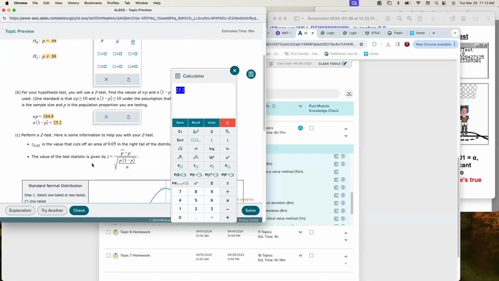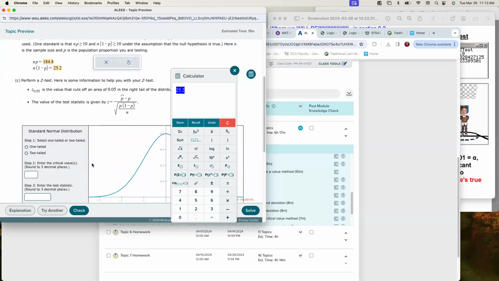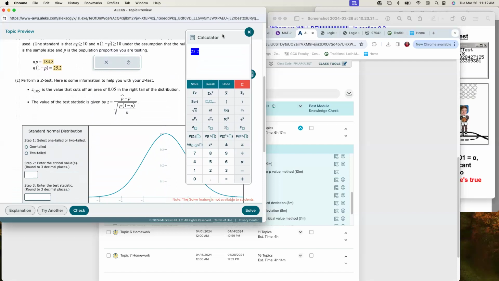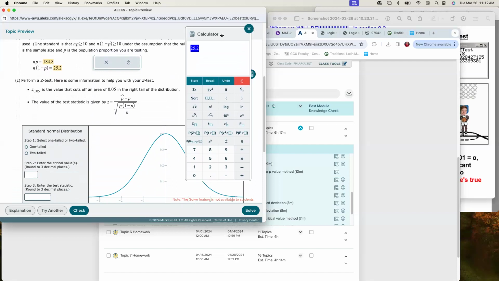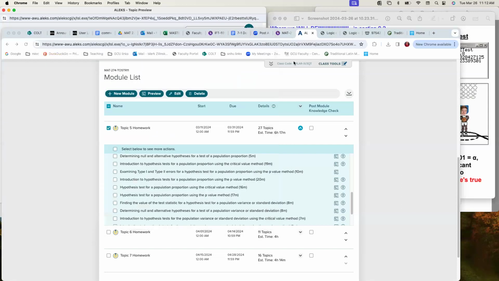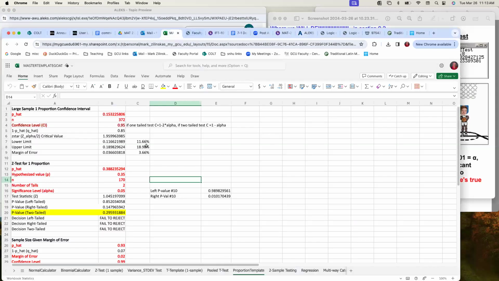Okay, so what we need to do now is calculate the critical values on this Z curve. It's nice that they give us this picture here. I should probably get into what this calculator can do, but I know it's highly encouraged that you use your master sheet.